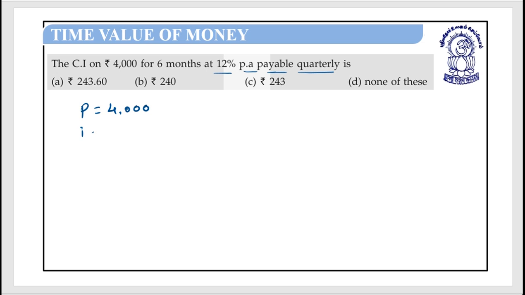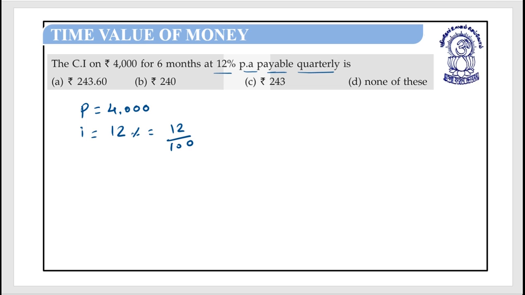So R is equal to 12% is equal to 12 by 100 per annum payable quarterly.